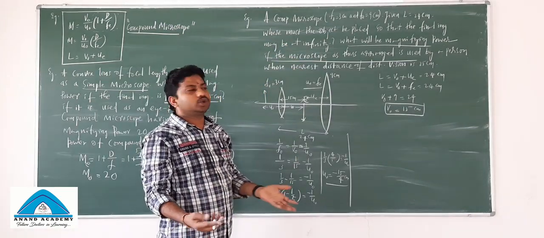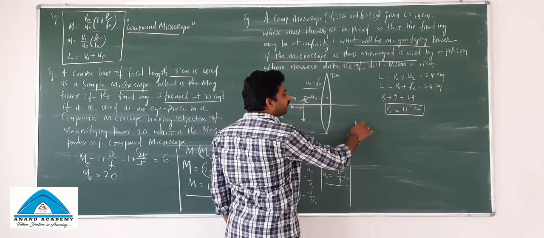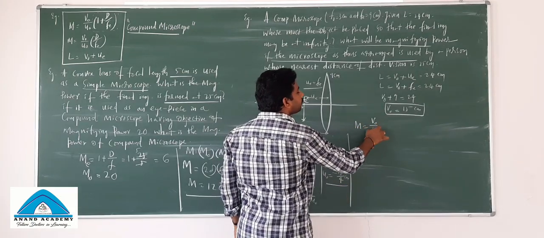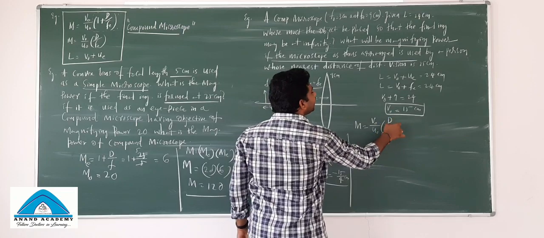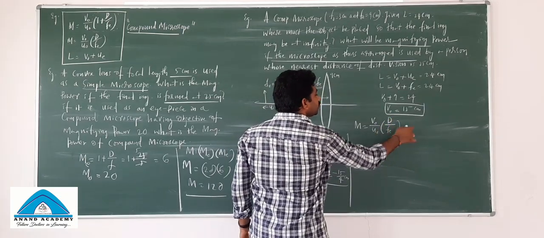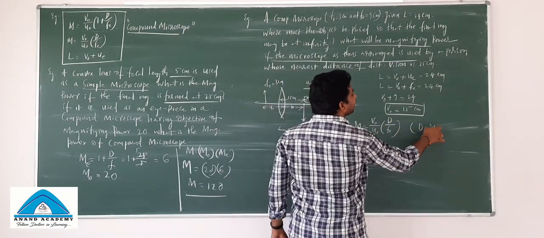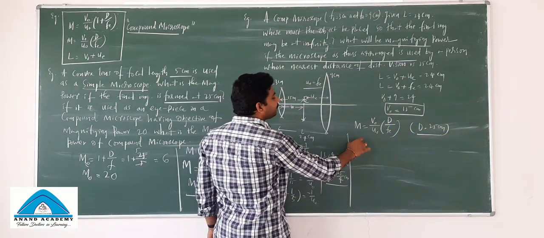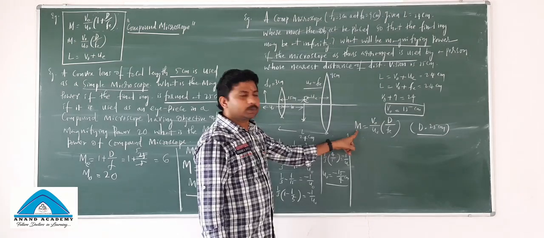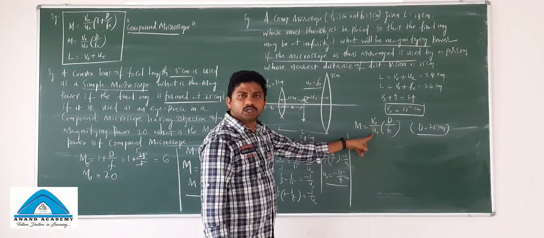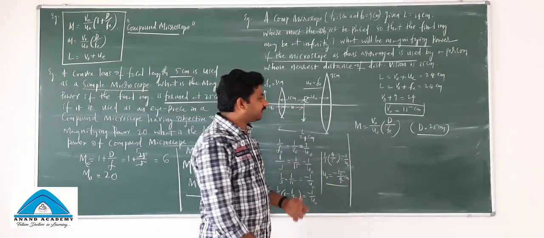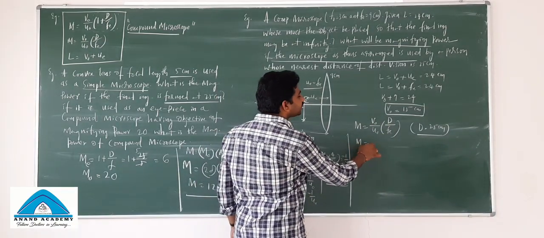Magnifying power when the image is formed at infinity is V naught by U naught into D by Fe, where D is given as 25 centimeters.